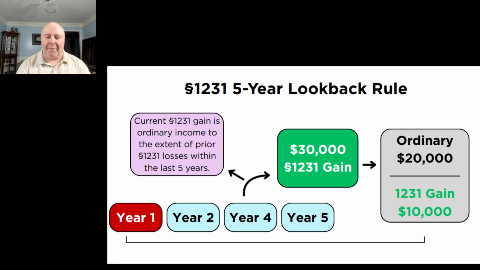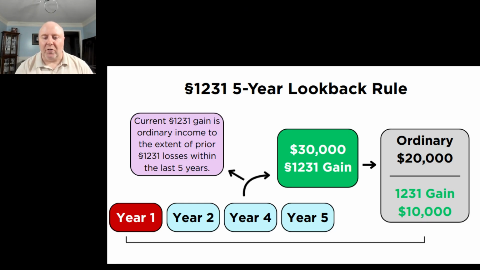We said nothing happened in year 2 or 3, so then we get to year 4, and then year 5. So 2025, I think, is what I used in the last part of the problem. I said we had a $30,000 1231 gain from the sale of the machinery. So now we have this gain that survived because of the appreciated property.